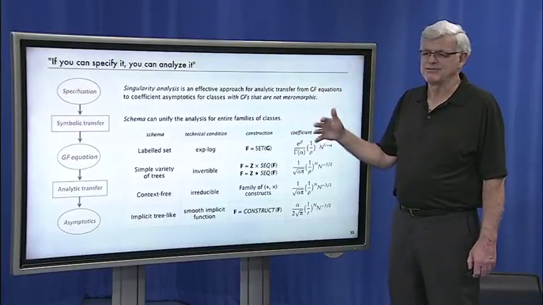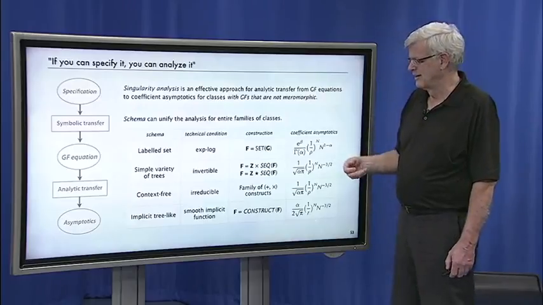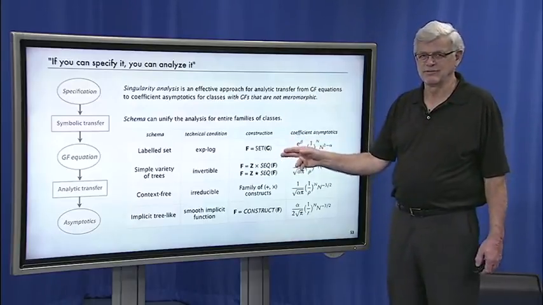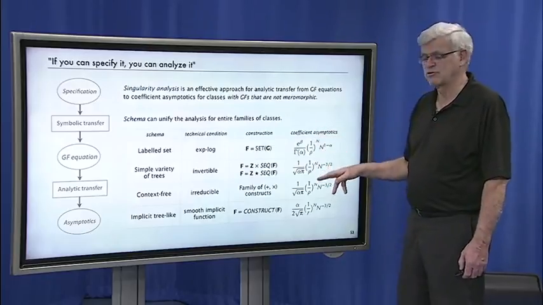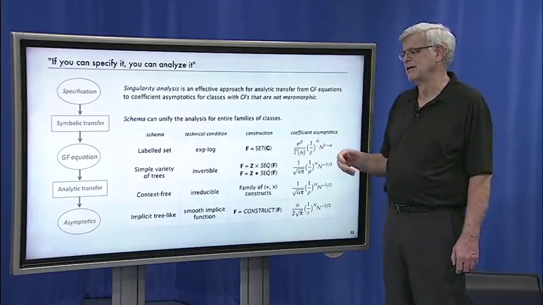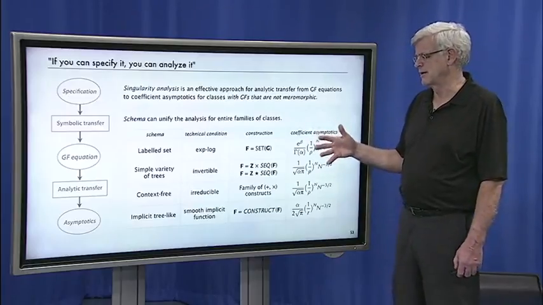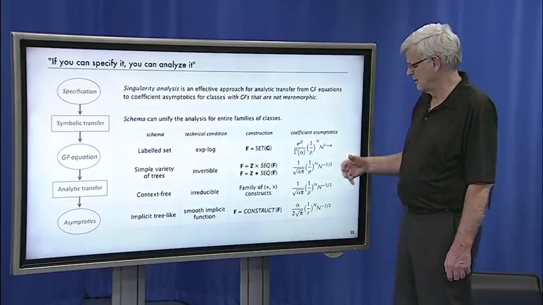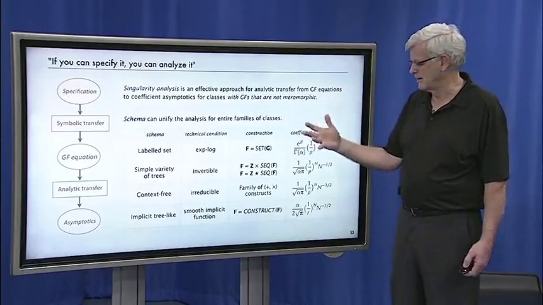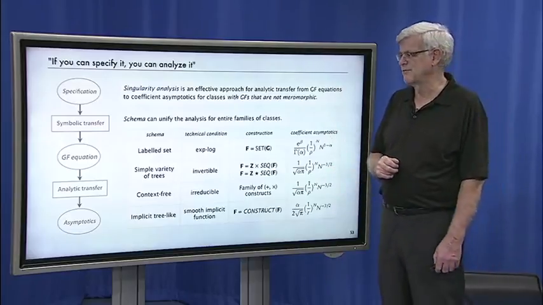Now, not every example goes as smoothly as the ones that I've shown in lecture, and particularly for context-free and related classes, the calculations involved to actually find the specific constant can be complicated, but usually can be mechanized. And it's reasonable to expect for a great variety of classes that you're going to find this kind of behavior.